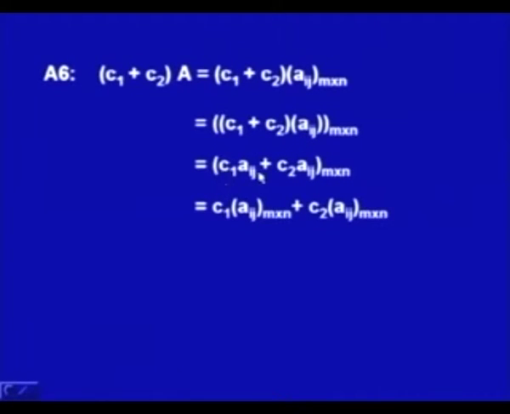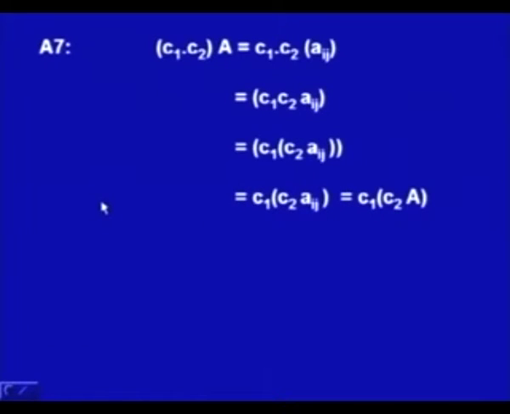So, it is c1 Aij plus c2 Aij, because these are simply numbers. So, they are distributive, and then you can again collect the elements and have c1 Aij plus c2 Aij, and this simply means c1 A plus c2 A. So, what we have is c1 plus c2 times A is equal to c1 A plus c2 A. That means A6 also holds for this set.